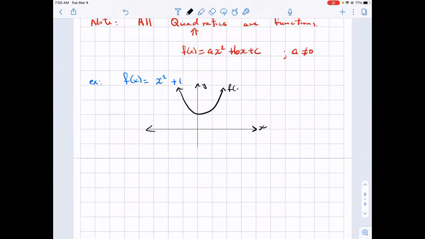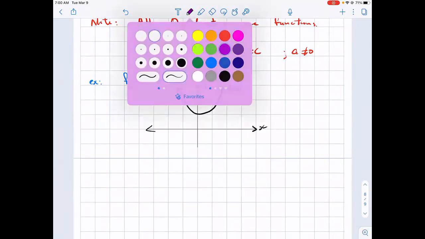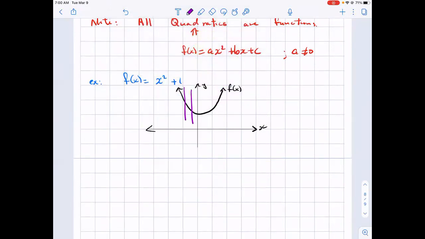Okay, this is f of x. And you will see that if you draw vertical lines, it is a function. Yeah, all quadratics are functions.